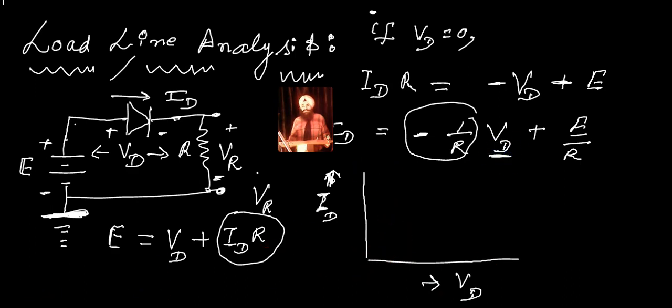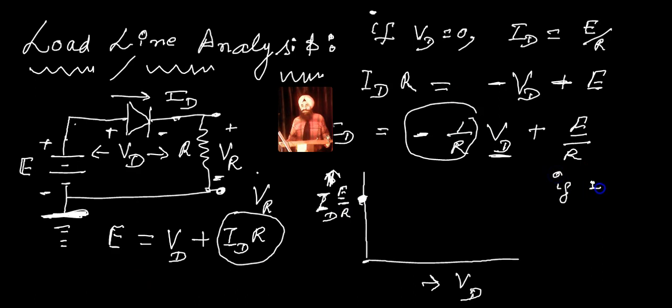And when VD becomes 0, what happens? ID becomes E over R. When VD is equal to 0 here, the diode current becomes E upon R. So let E upon R be this point.